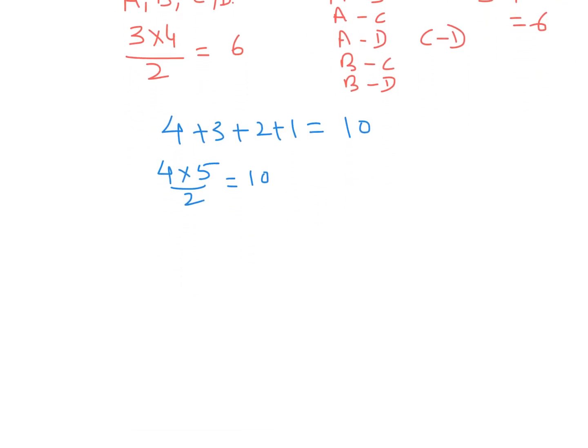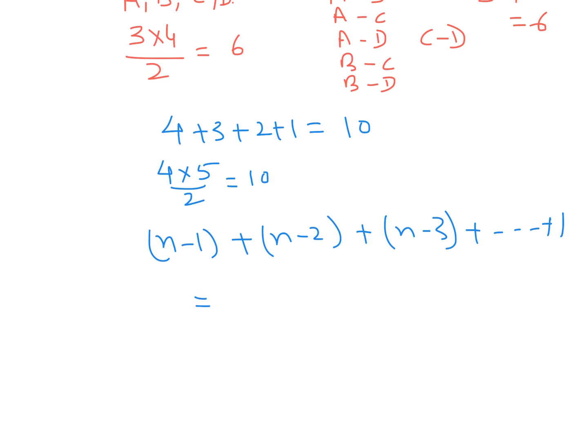Think about it further. You can generalize this, that if there are n teams in the group, then you will have either this concept, say n minus 1 plus n minus 2 plus n minus 3, that is what we did, and it will go up to 1, whatever sum it gives you. You might have studied, or you will study in arithmetic progression or sum of a series, that the sum of this series is equal to n into n minus 1 by 2.